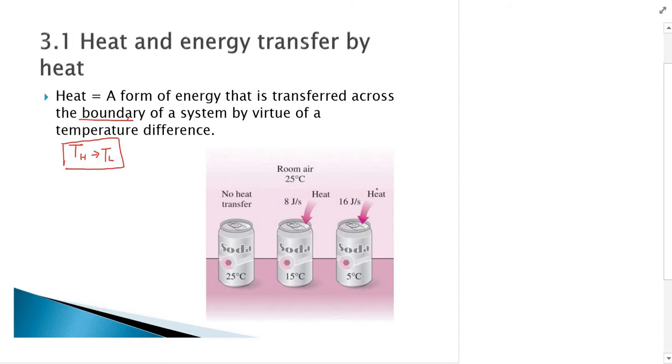And you even need to input a higher amount of heat energy, 60 joule per second, if your initial temperature is even lower, 5 degrees Celsius in this case.